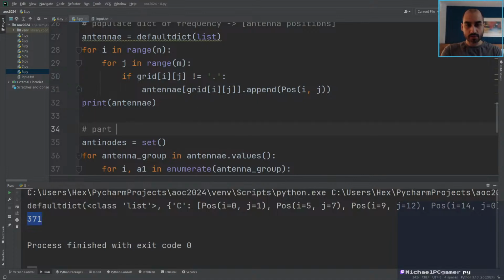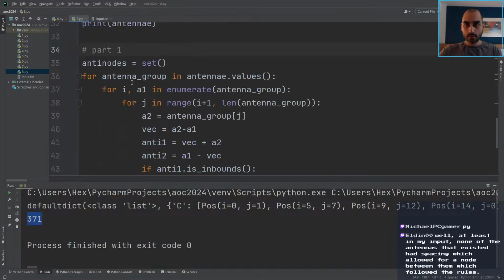Alright, I suppose we can just... Well, at least in my input, none of the antennas had spacing which allowed for a node between them, which followed the rules. Yeah, I don't know.